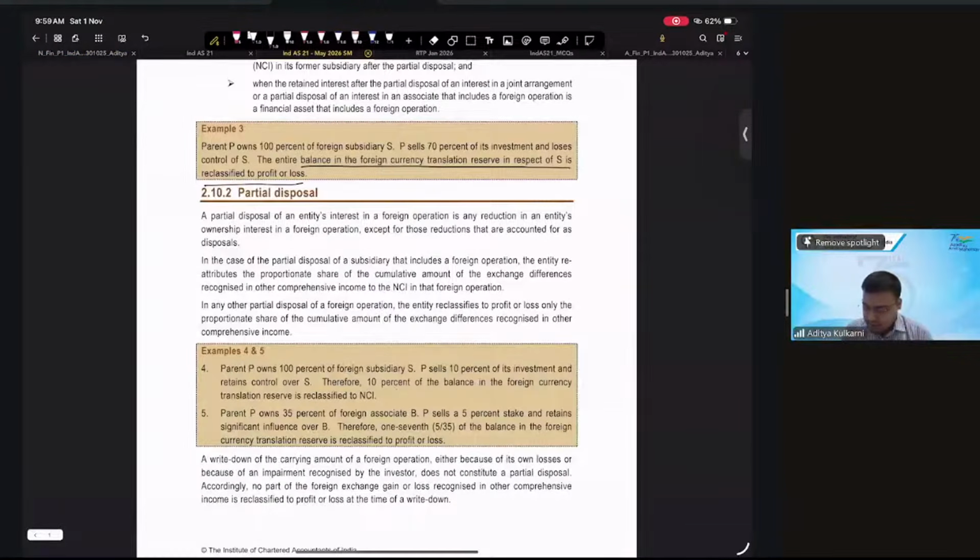Well, 10% of FCTR is reclassified to NCI. NCI is the minority interest. Because you have surrendered 10% shareholding, 10% of FCTR will go to NCI. Are we able to follow? Yes, sir.